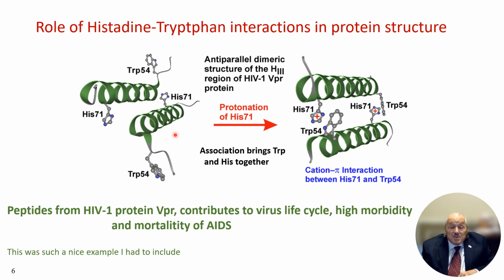And it seems to have histidines and tryptophans, which are located close enough to one another that they might actually bind with one another, and that might be one of the factors that holds these two helices together.